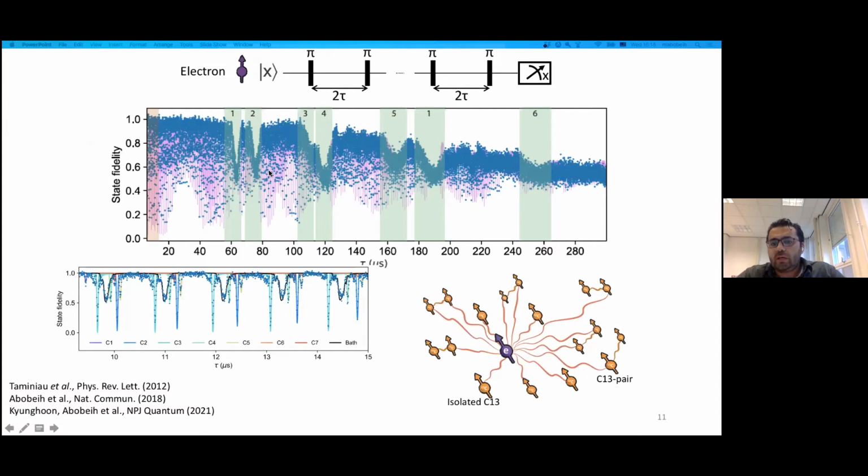These carbon-13 pairs can also be used as qubits or memories with exceptionally long coherence times. But in the rest of this talk, I'm not going to talk about these pairs of carbon-13 nuclear spins. I'm mostly going to talk about these individual nuclear spins that we use for our work on quantum recursion. All right.